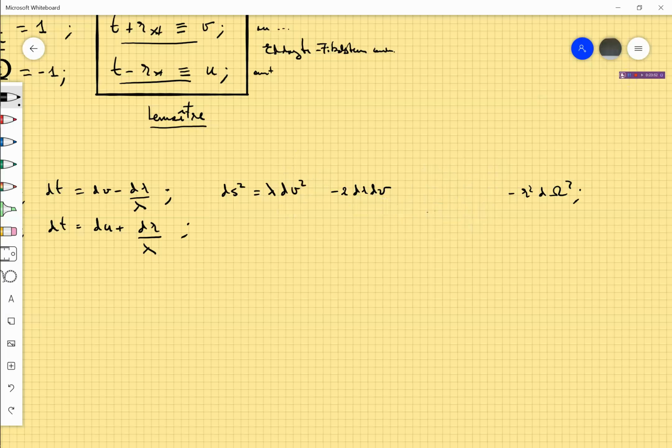And here it is pretty similar, except for this sign, okay, which is what distinguishes incoming and outgoing radial coordinates. Eddington-Finkelstein coordinates. And minus r squared d omega squared. Okay.